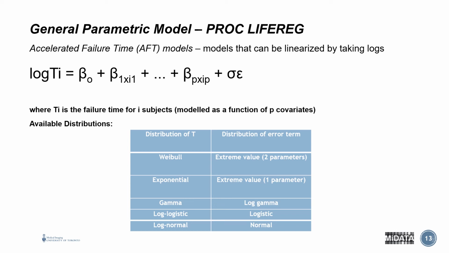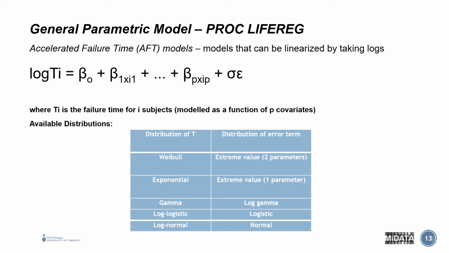Here's the equation here. It is very similar to what we've seen in the past. The error term is a little different, and your outcome is the log of time. Now, time, of course, is the failure time for your subjects, and it's modeled as a function of your covariates.